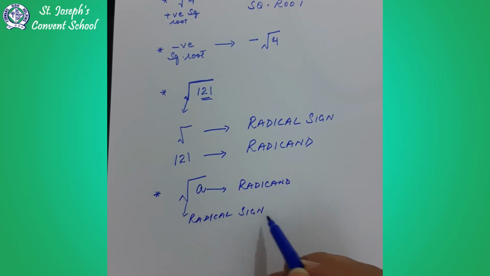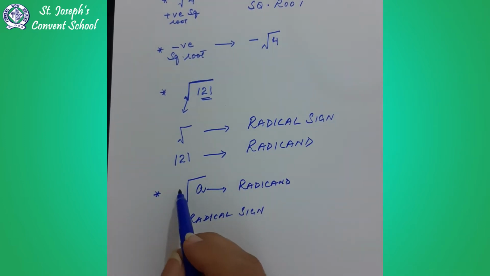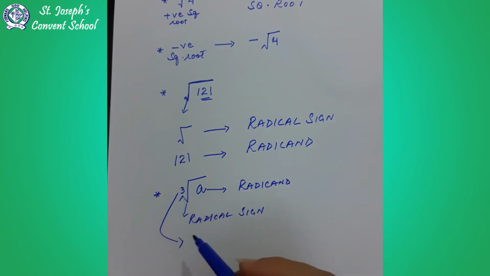And if suppose any number is mentioned here on the root, this number is known as index. Okay, remember all these terms, then we are going to use these terms. Okay, radical sign, radicand, and index.